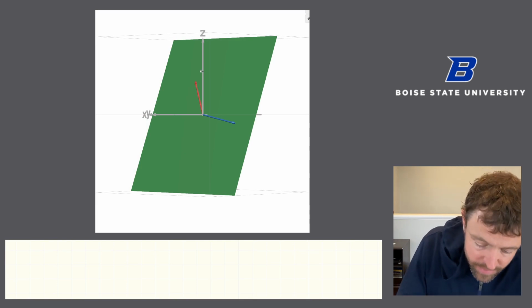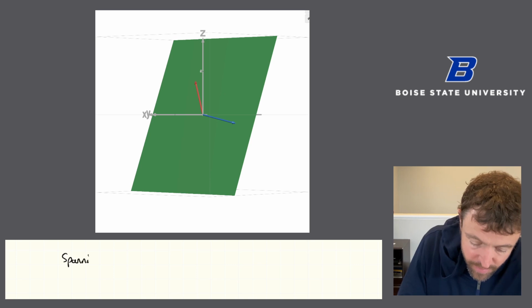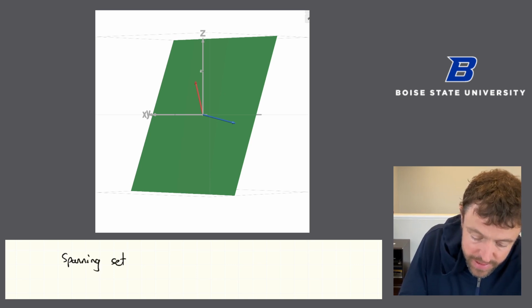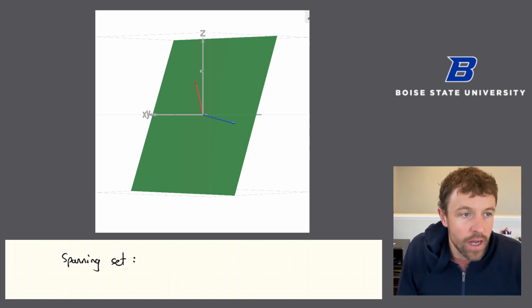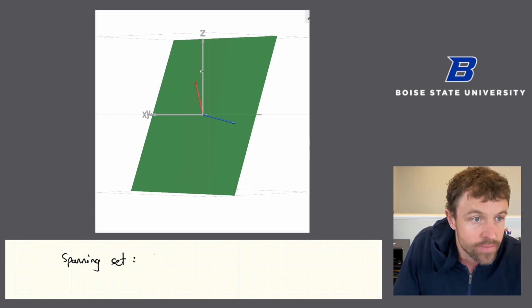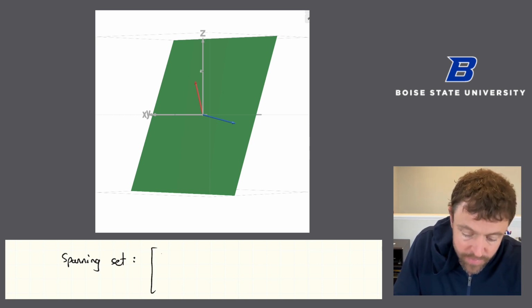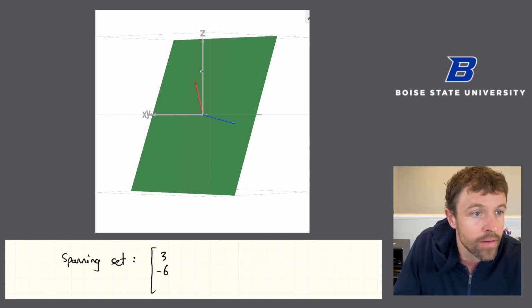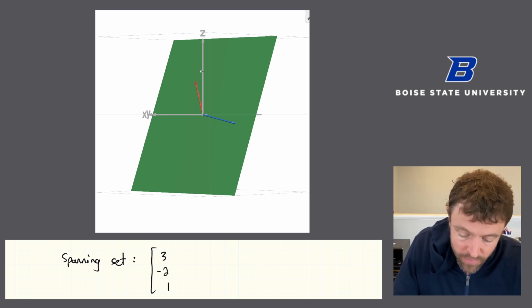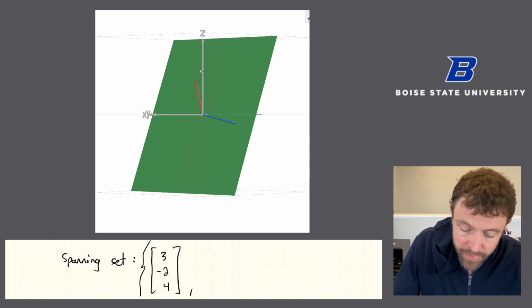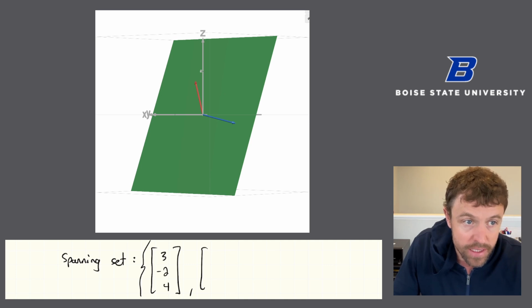There's lots of choices here for what the spanning set is, but the one that I've drawn, the red vector is 3, -2, 4, and the blue vector is -6, 1, -1.